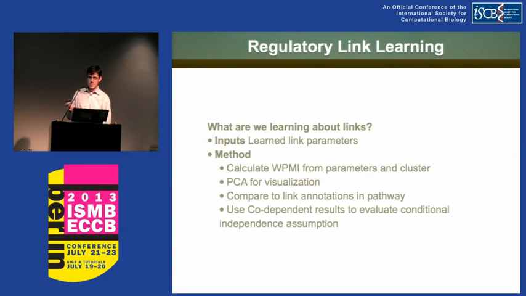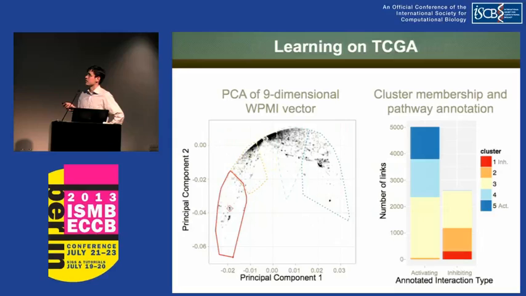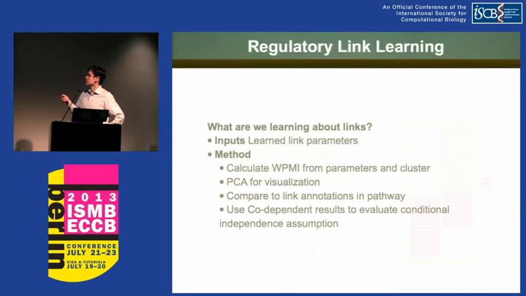Now, we're really interested in these links because it's interesting new data to add to paradigm. So our inputs are our learned link parameters. What we do is we calculate the WPMI for every link, and then we clustered those WPMI vectors.